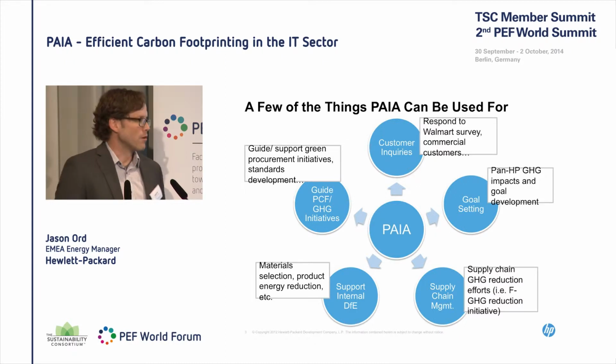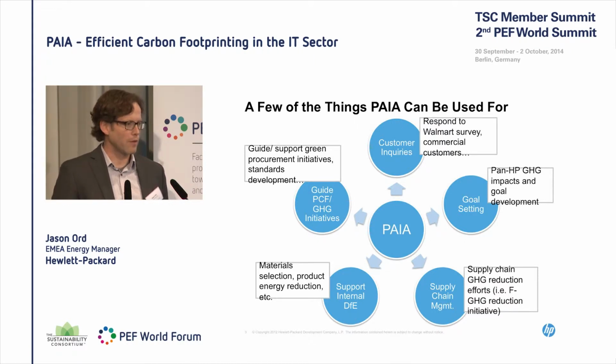It's very important when you're embarking upon an LCA project to know what you're going to do with the results. And for PAIA, the scope was defined, you can sort of break it into two categories. On your left, you'll see insight type uses for PAIA. So we're talking about guiding governmental initiatives, guiding eco-label development, like EPEAT, that's an eco-label for computers.